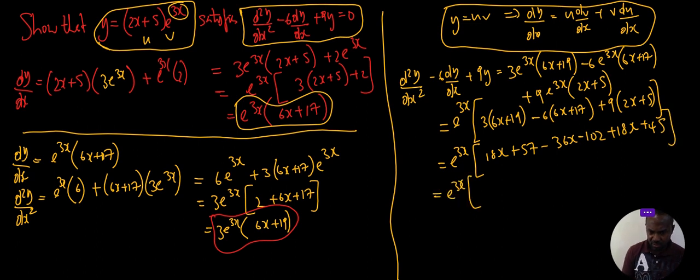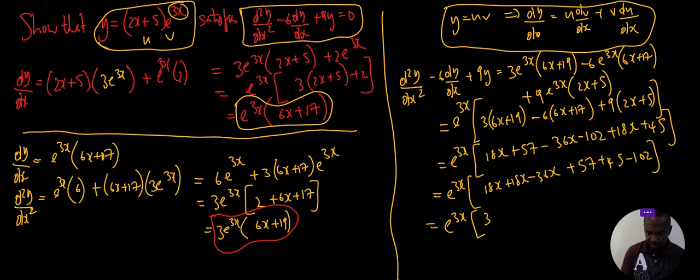We have e to the 3x, and essentially we have 18x plus 18x minus 36x. So clearly those will be equal to 0. Then now we have plus 57 plus 45 minus 102. Right? So basically we get e to the 3x times 36x minus 36x plus 102 minus 102, which of course is simply equal to e to the 3x times 0, which is equal to 0.